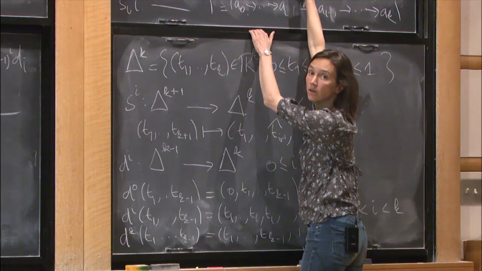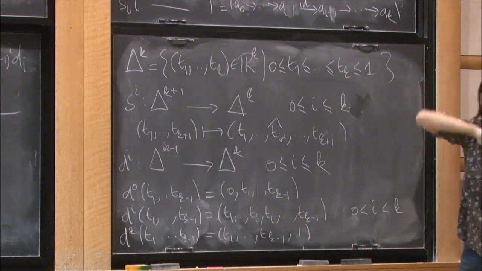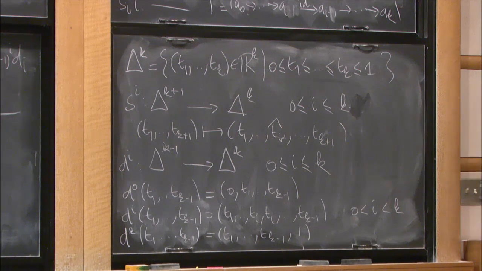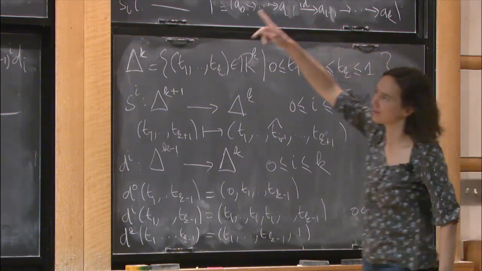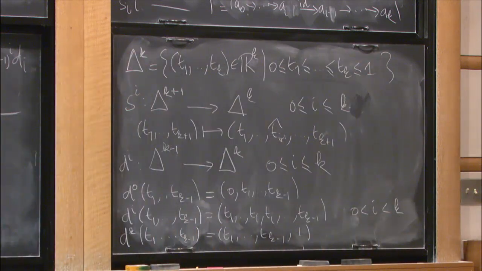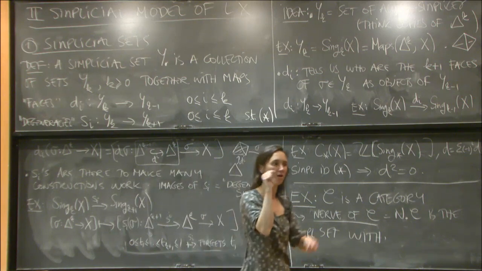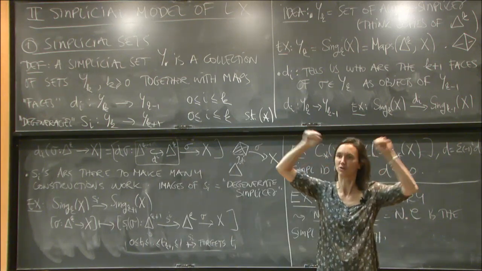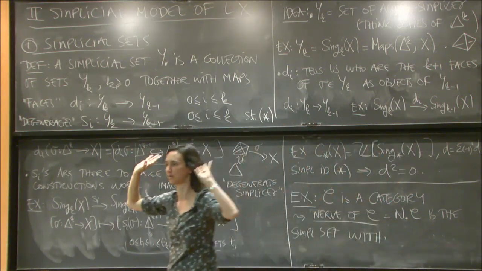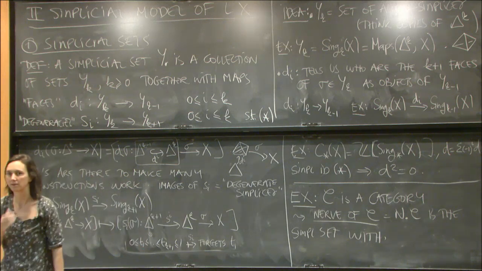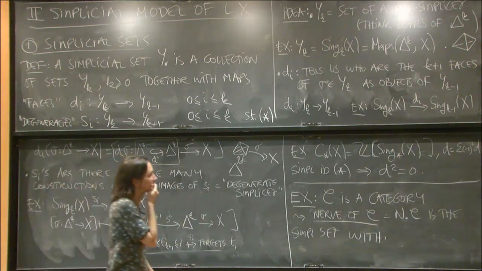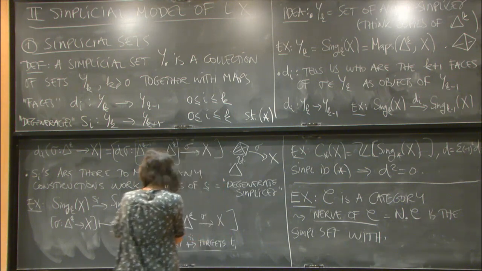I claim they satisfy the simplicial identities, which is not very difficult to check. If you have never seen this, it's a fun exercise. You'll see why there are these shifts: forgetting A_i or adding an identity at A_i, you increase or decrease indices, so you do it at different places. I'll leave this as an exercise.